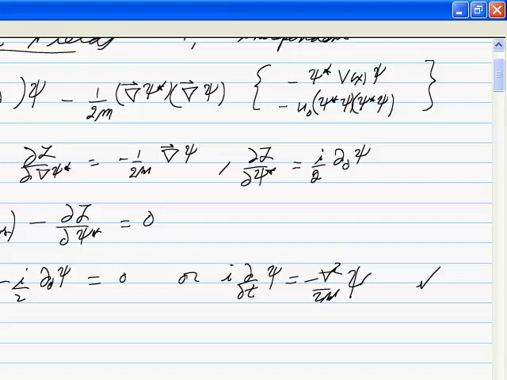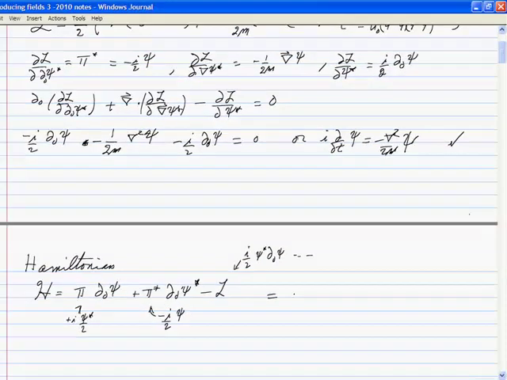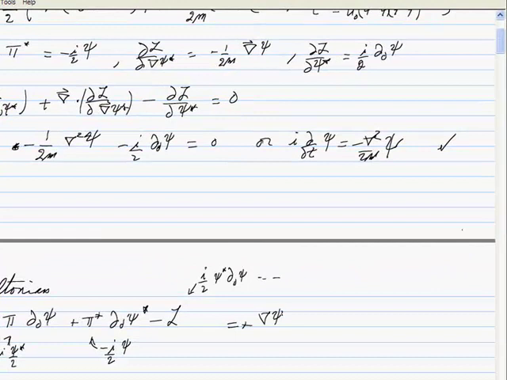So I've got i over 2 psi star d0 psi here, and here I have i over 2 psi star d0 psi. The time derivative pieces disappear. If you carry it out, it turns into just the gradient of psi star dot gradient of psi over 2m.